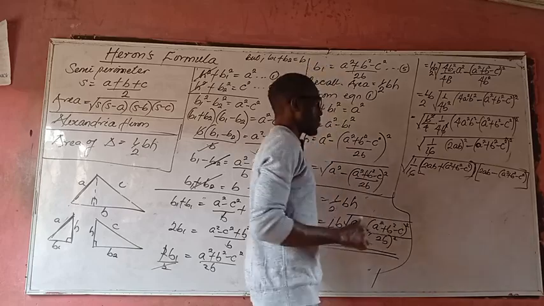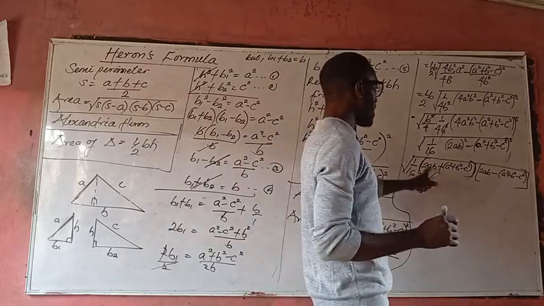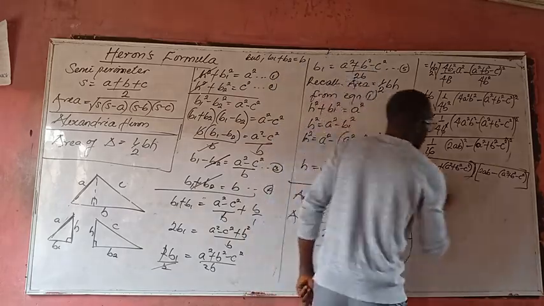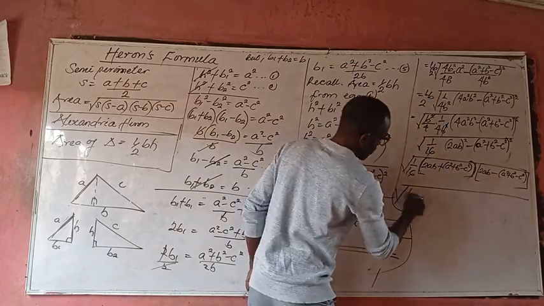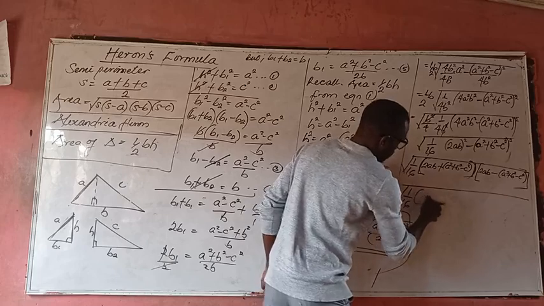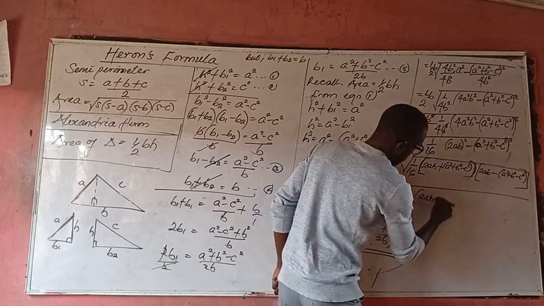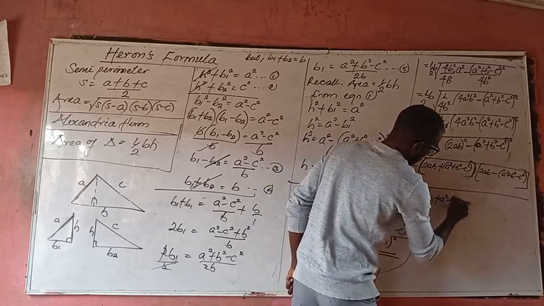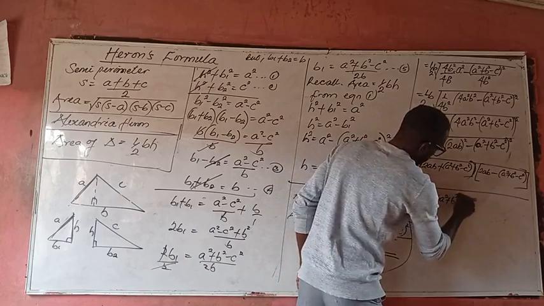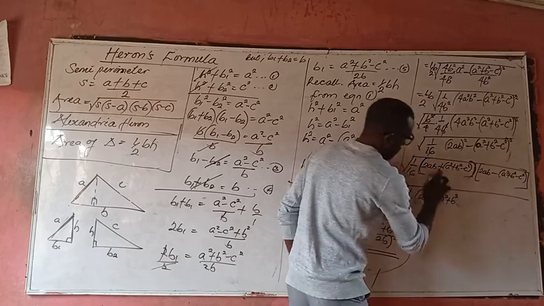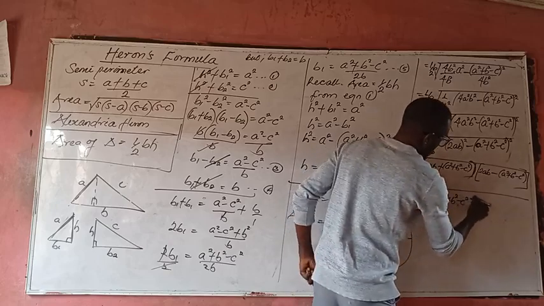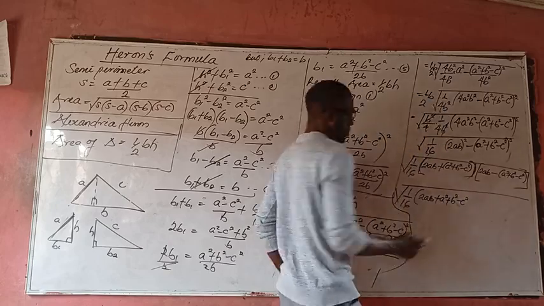All right. If that be the case, if I open this bracket here, I will have 1 over 16 into bracket 2ab plus a squared plus b squared minus c squared. You agree? Okay.